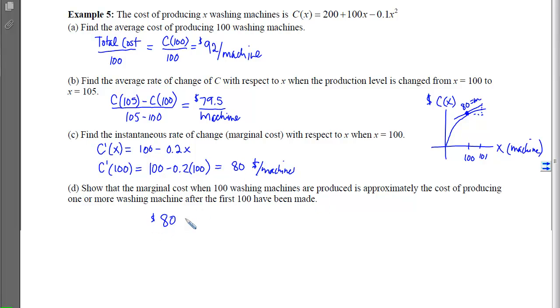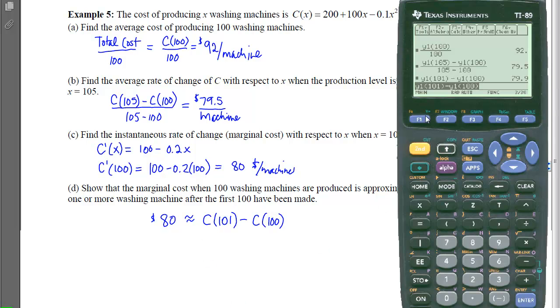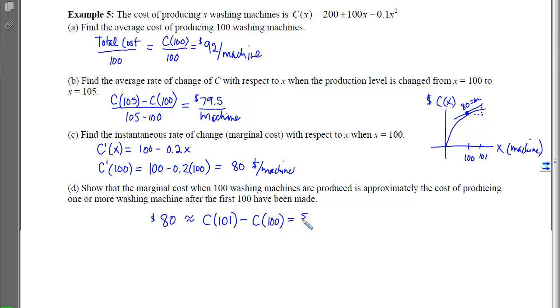We want to show that that is approximately how much it would cost to make the 101st machine if we've already made 100 machines. If I now compute this on my calculator, we can see Y1 of 101 minus Y1 of 100, that's our cost of the 101st minus the cost of doing 100. That'll give us how much it costs just to make that 101st machine, $79.90. So we can see that that marginal cost, or that derivative approximation, was a very good approximation for the actual cost.